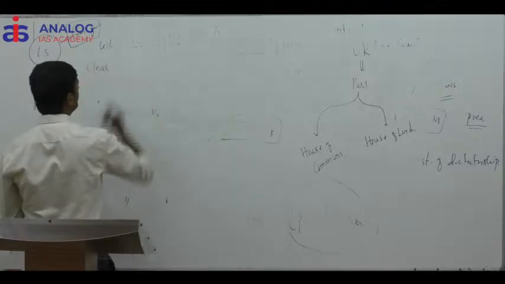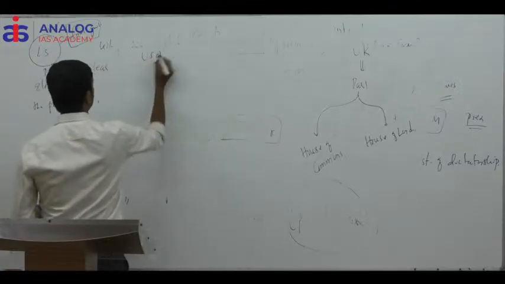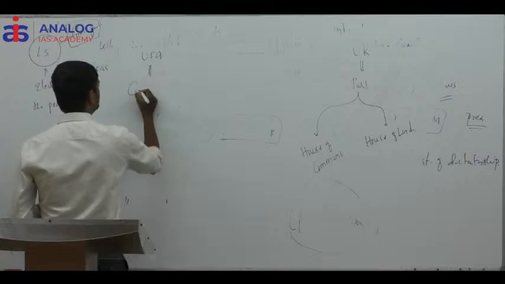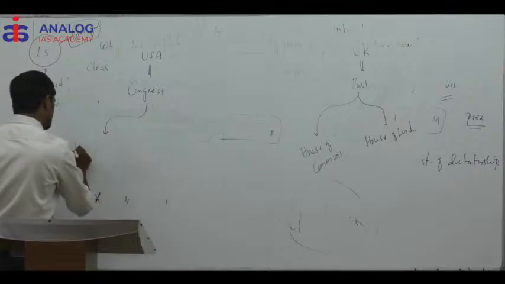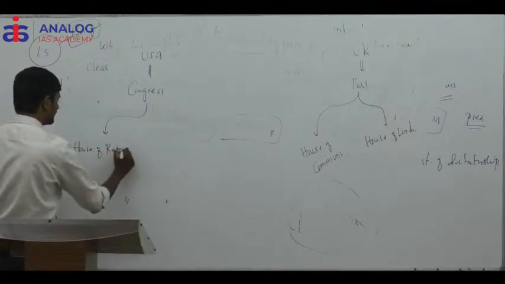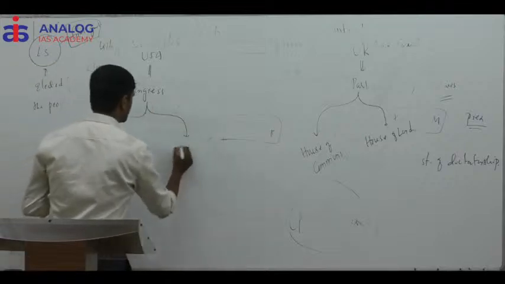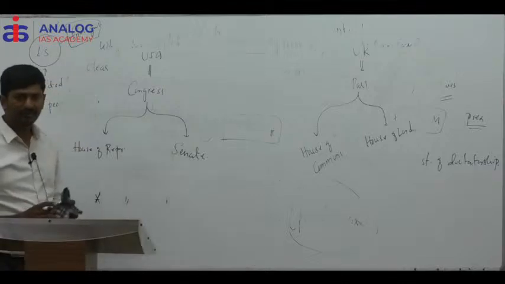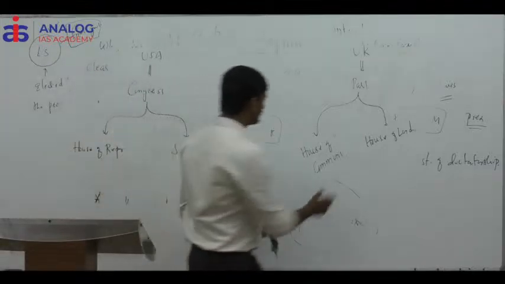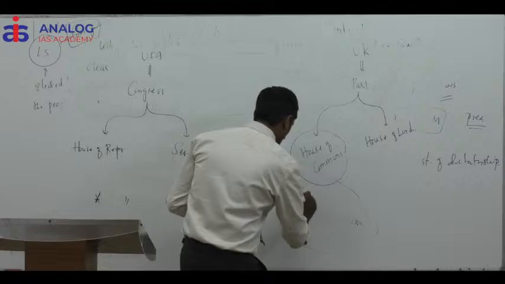Similarly, in the United States of America also, there is a Congress. American legislature is called Congress. There is a lower house called House of Representatives, and the second one is Senate. Got my point? So what is the lower house here? House of Commons is the lower house.